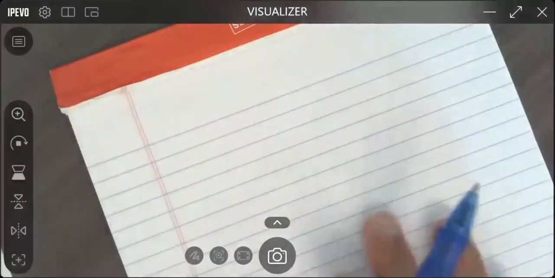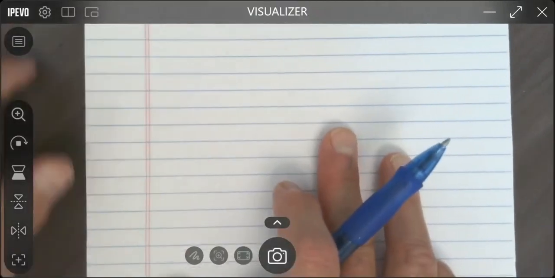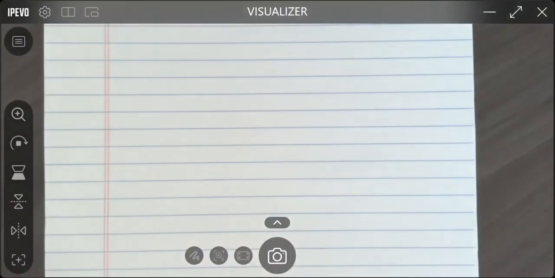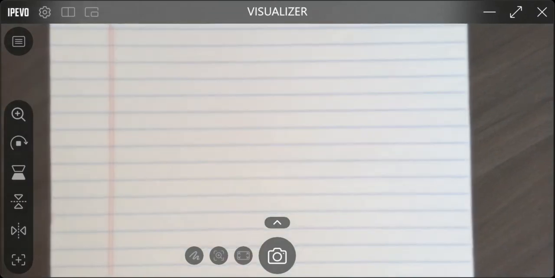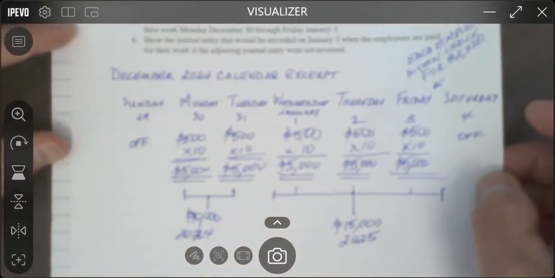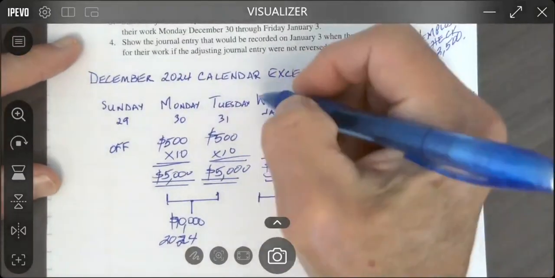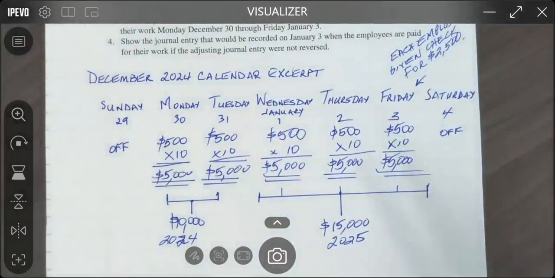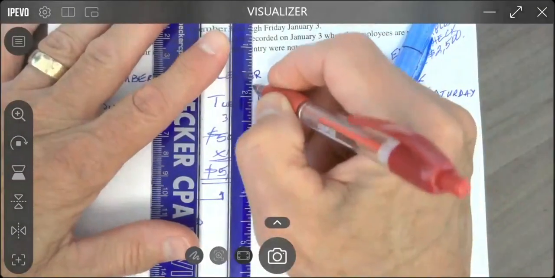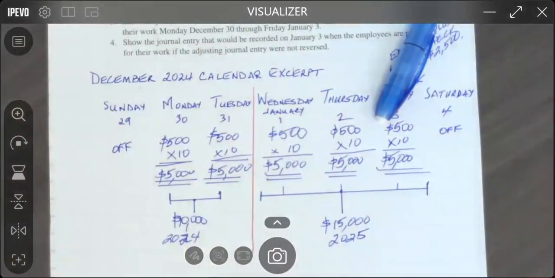All right, welcome back. And here's what we do. Number one, we're preparing the adjusting journal entry to accrue unpaid salaries. So remember, the date is December 31.